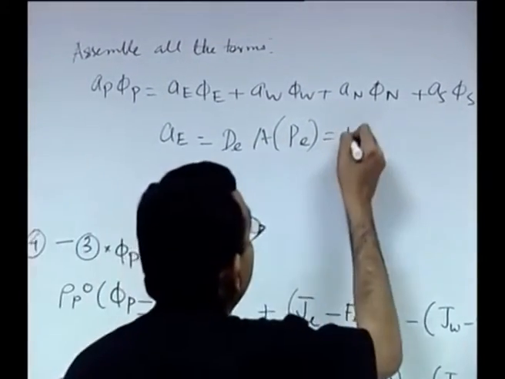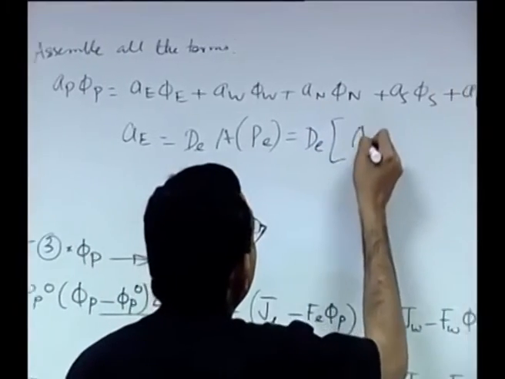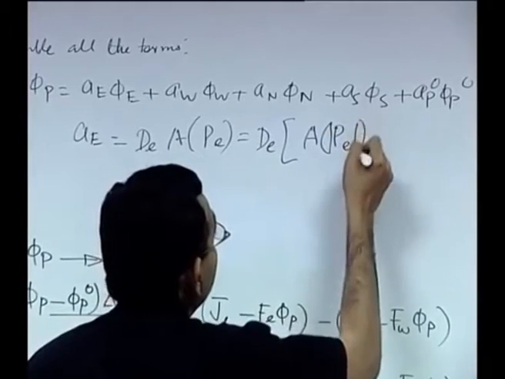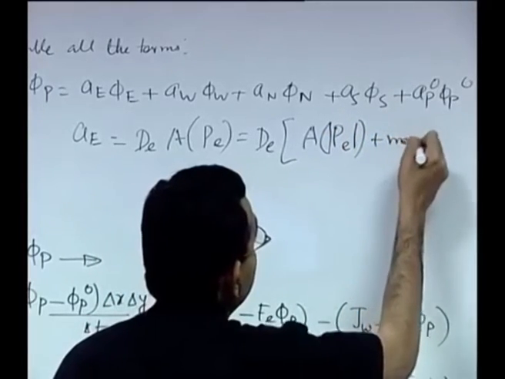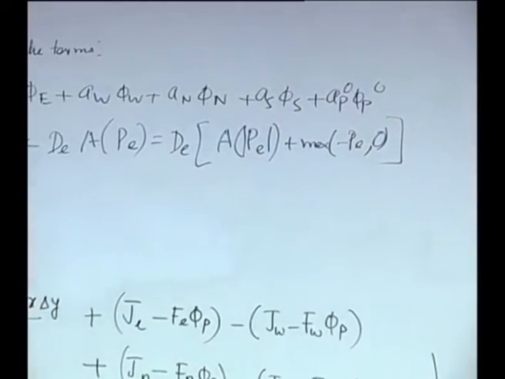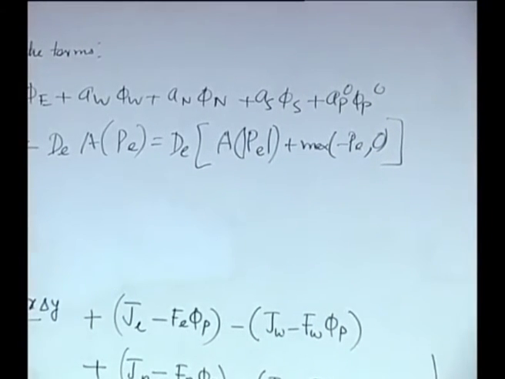So, this is dE, A of p is A of mod p plus max of minus Pe, 0. Right.